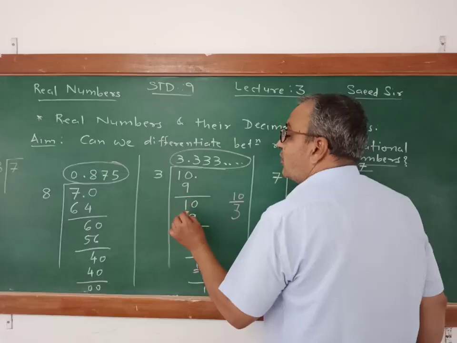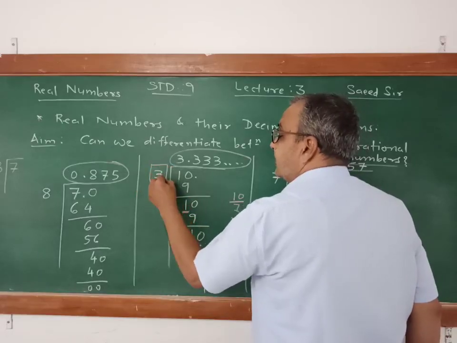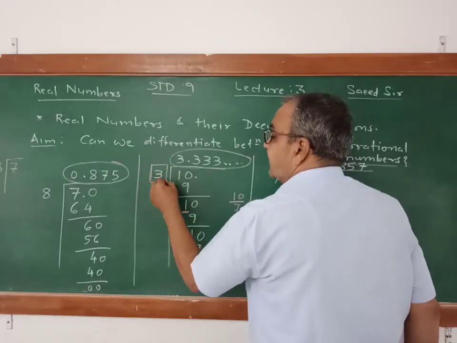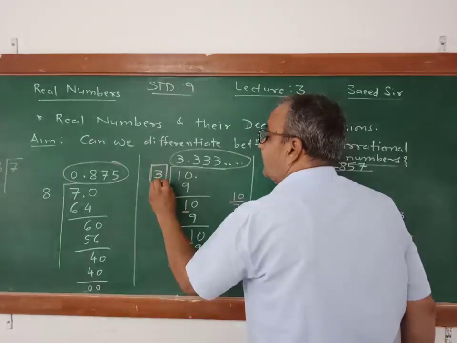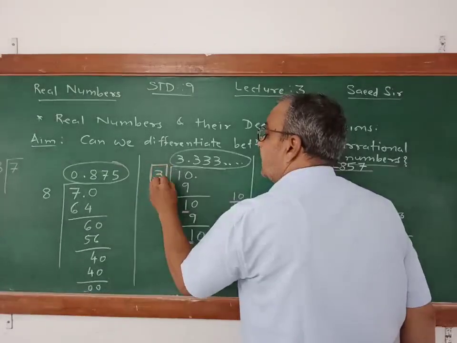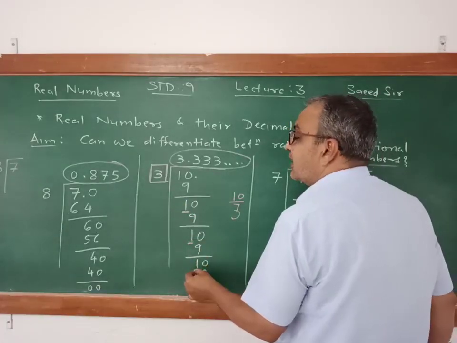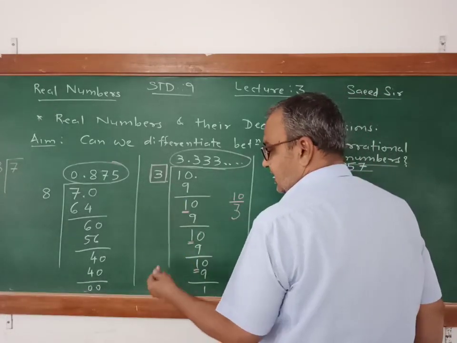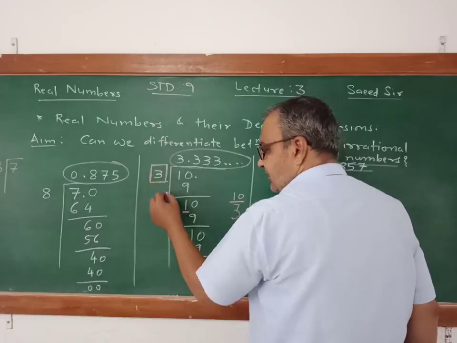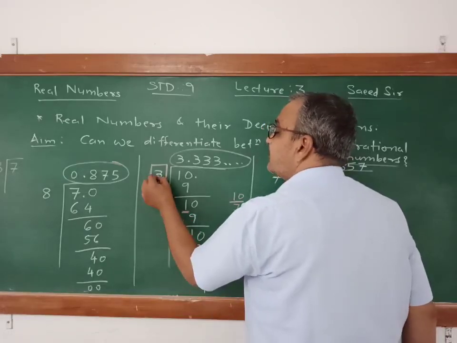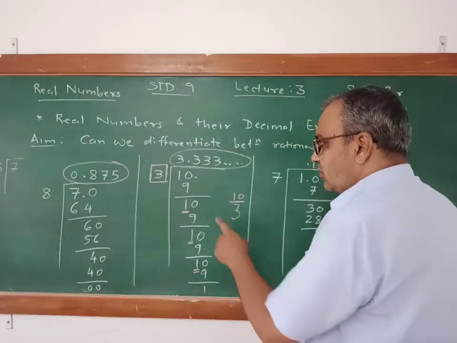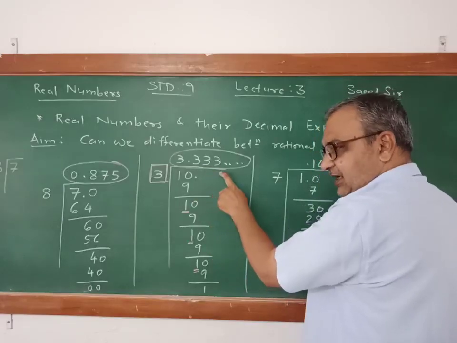Remainder is always less than the divisor, divisor से हमेशा ये remainder कम होना चाहिए या कम रहता ही है. So remainder is always less than the divisor. So this is a repeating pattern.